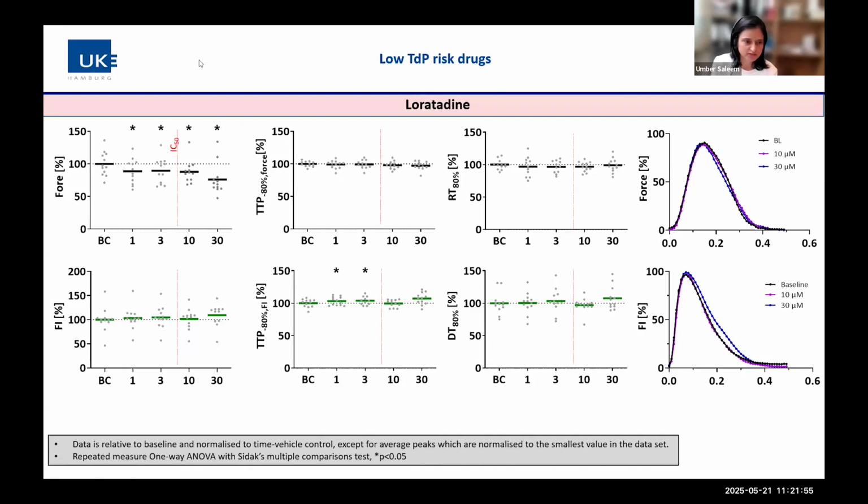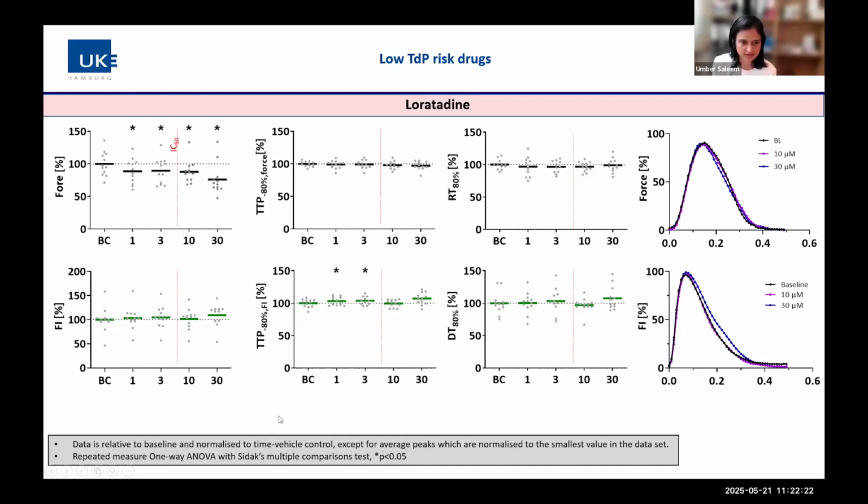Before I present the result of these 18 compounds, I would like to introduce the pattern. So this upper panel represents force parameters, peak force, time to peak for force, and relaxation time, and then the average peak for force. And the lower panel indicates fluorescence intensity and time to peak fluorescence intensity, decay time, and average peak.